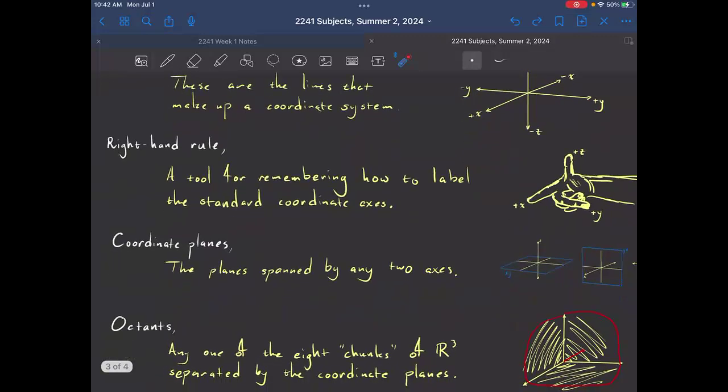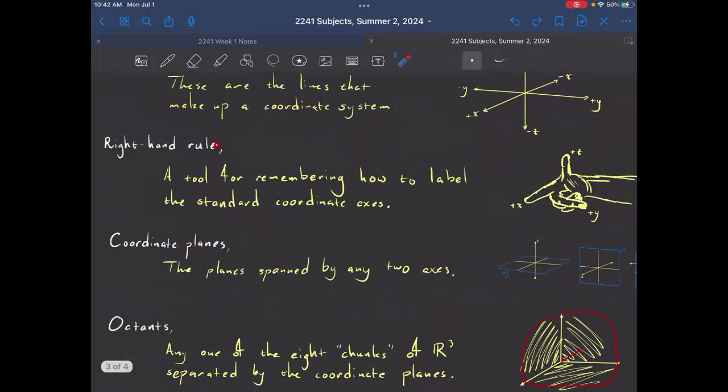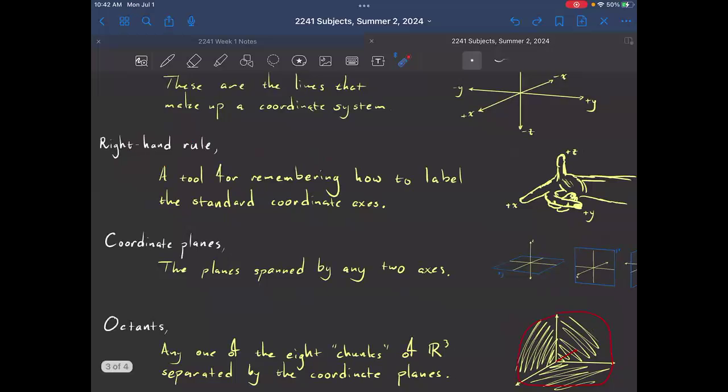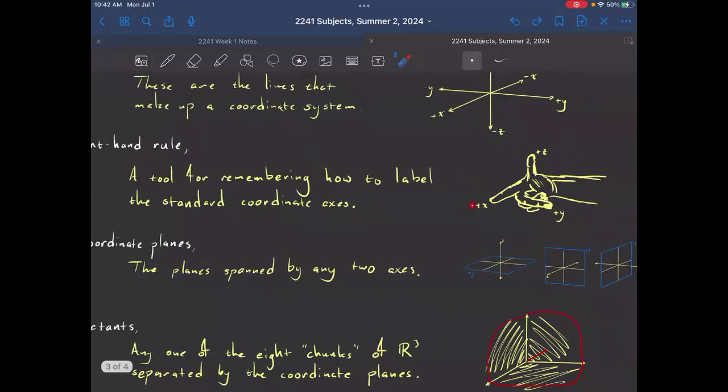And there's a way of remembering that using the right-hand rule. This is a way to remember how you're supposed to label things in standard form. I drew a nice little picture over here for you. You take your hand and hold it out with your index finger pointing out, your middle finger pointing perpendicular to that, and then your thumb pointing perpendicular to both of those. You might have seen this if you've taken physics.